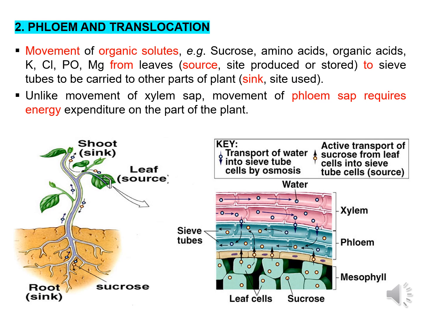Unlike the movement of xylem sap, the movement of phloem sap requires energy expenditure on the parts of the plant. This is certainly because in xylem sap, it only involves the transportation of water and dissolved minerals, which are less concentrated and also small in molecule size.